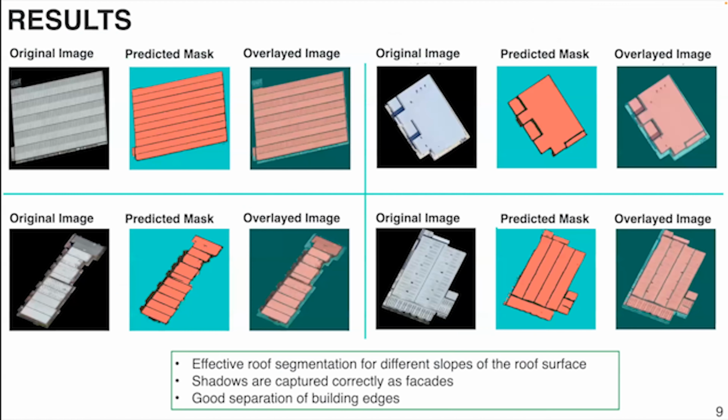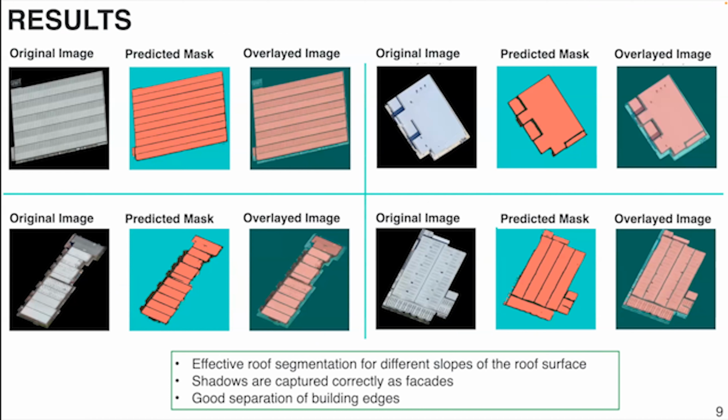And now we come to the actual results. On the left-hand side, on each of these four sample images, you see the original picture. Then you see the predicted mask on a test set. And on the right, again, the overlaid picture.